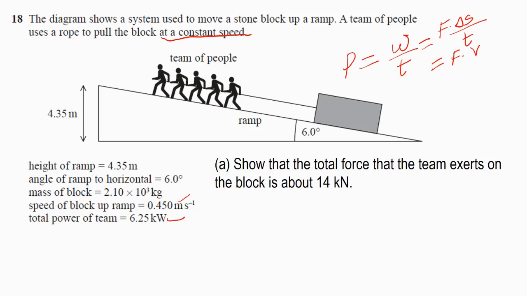In this question, they have given the value of power and the speed of the movement of the block, so easily we can find the force applied by the team, that is the ratio of power and velocity. So it is very clear that power is equal to force into velocity.